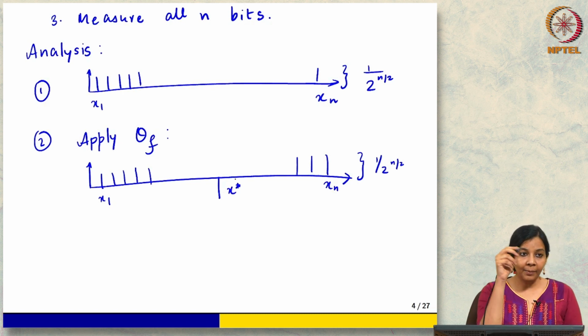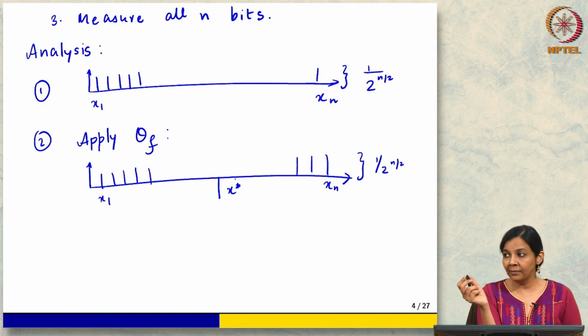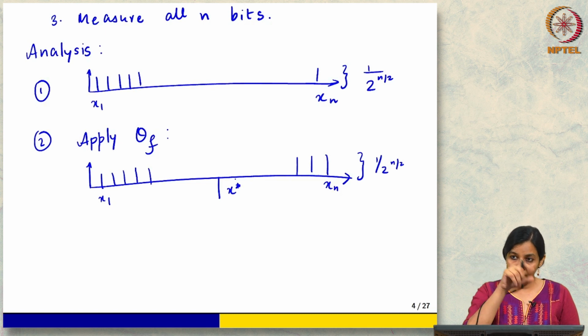Why? Because I applied a -1 to f of x. There is only one point x star at which f of x star is equal to 1, and for the others it is all 0. So, the others will stay at the same point, and this one will simply flip. Its amplitude will become negative.